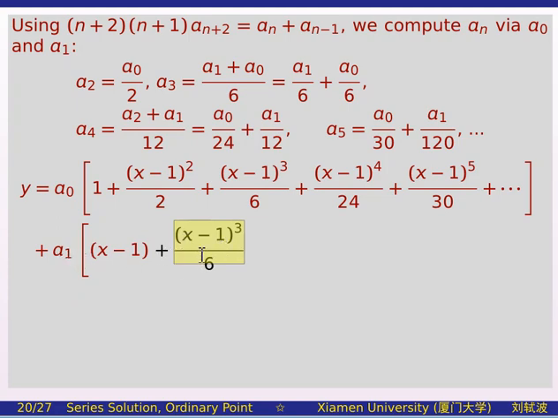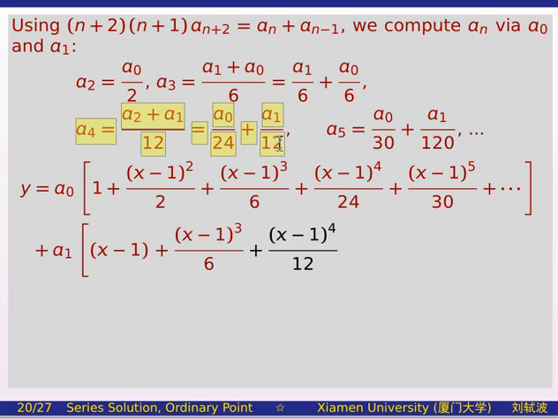Okay. Then the third order term, that is A3. The A1 part of A3, the coefficient is 1 over 6. This is 1 over 6 here. Then the fourth order term is the A1 part of the coefficient A4. The A1 part is 1 over 12.